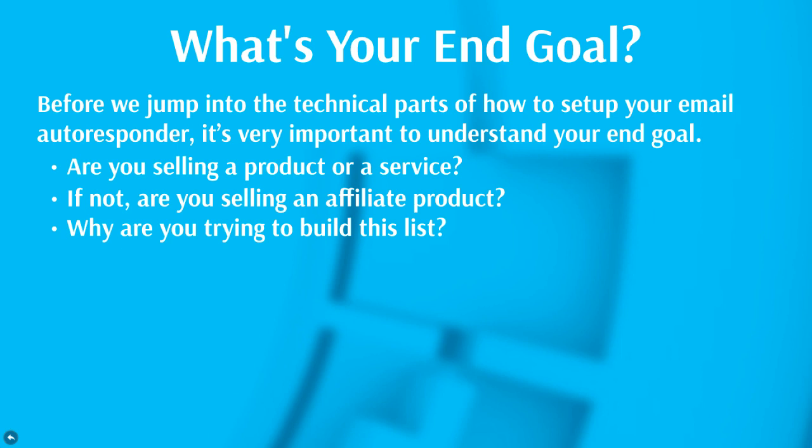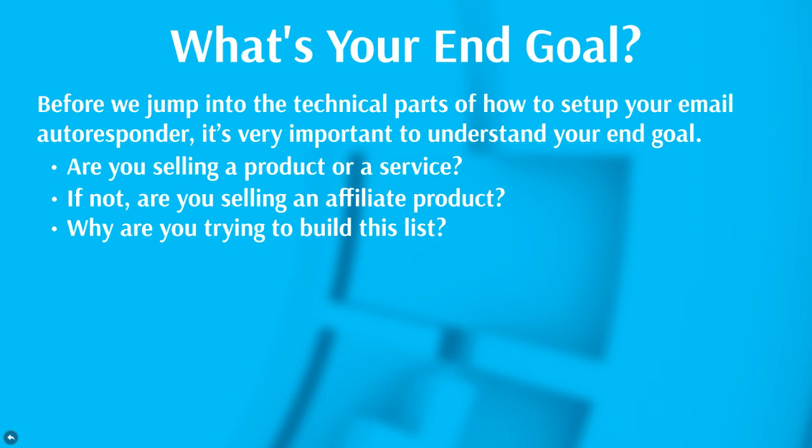There's a different way of doing it, basically. If you're selling an affiliate product, you could still build a brand, but you're selling somebody else's product, so you need to gear it in a certain way. In other words, if you're selling a product or service, you need to clearly understand what the problems are that your prospect faces, right? And give them tips and pointers along the way, and build a relationship with them, gain their trust so that they're interested in your product or service.